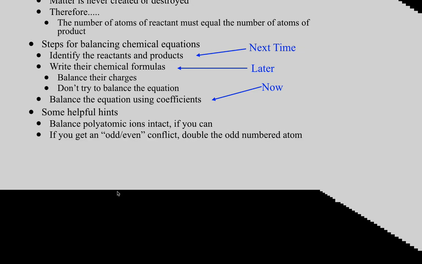Helpful hint number 2, if you get an odd-even conflict, what's that? You'll see. If you get an odd-even conflict, what you're going to do is take the source of the odd number and double it.